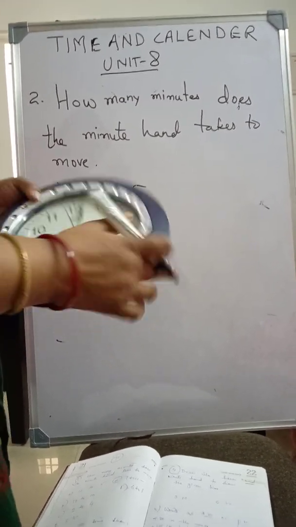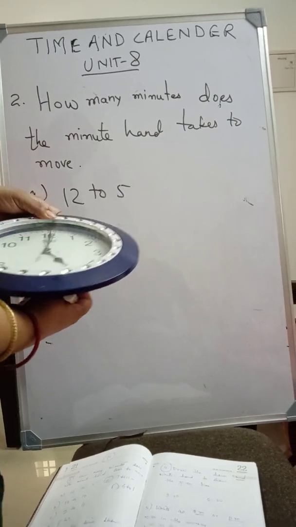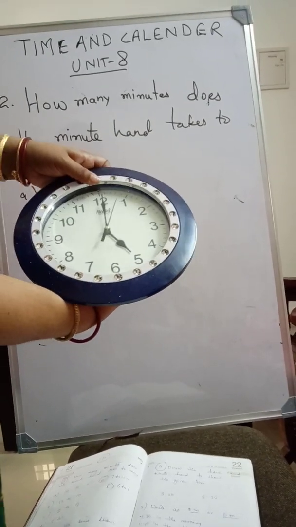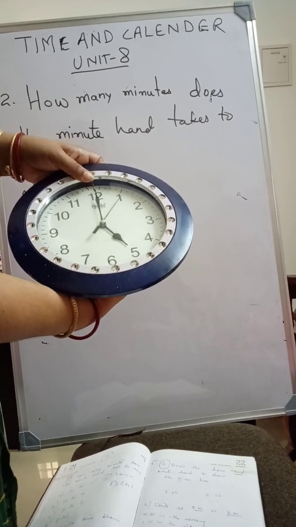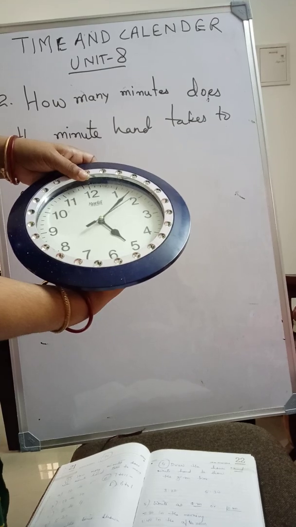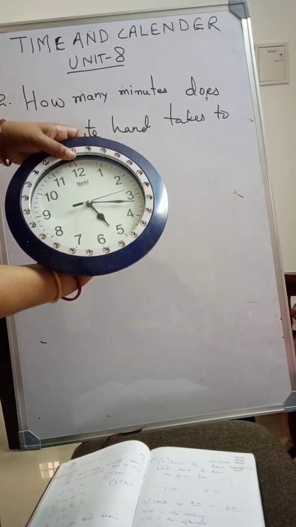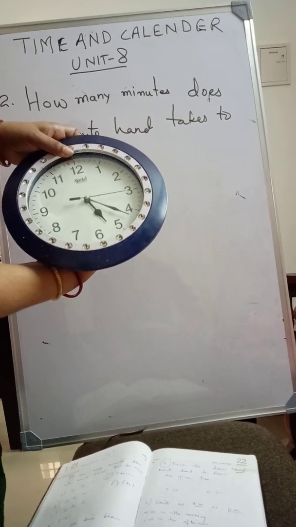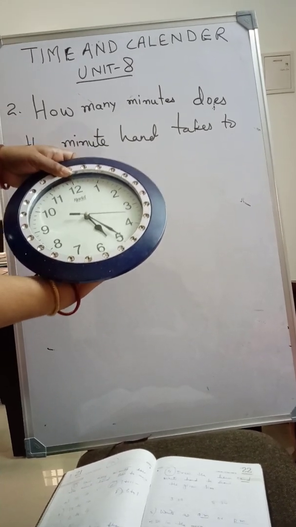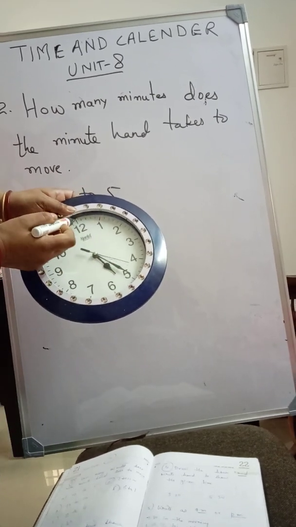All of you see, this minute hand is at 12. Now let us move the minute hand from 12 to 1, 2, 3, 4 and 5. So when this minute hand comes from 12 to 5, how many minutes?